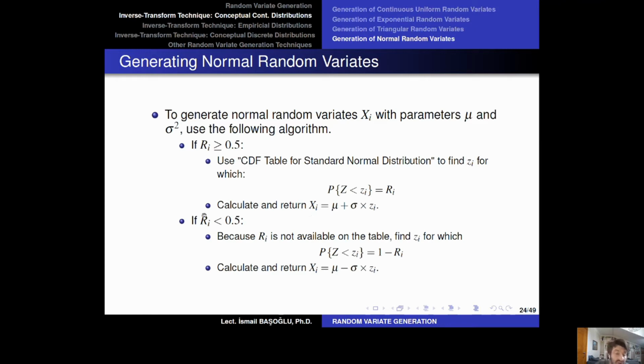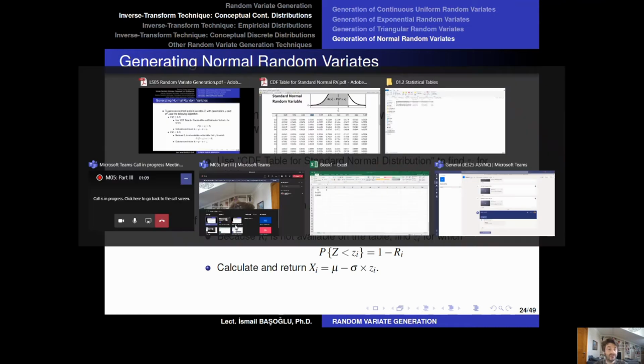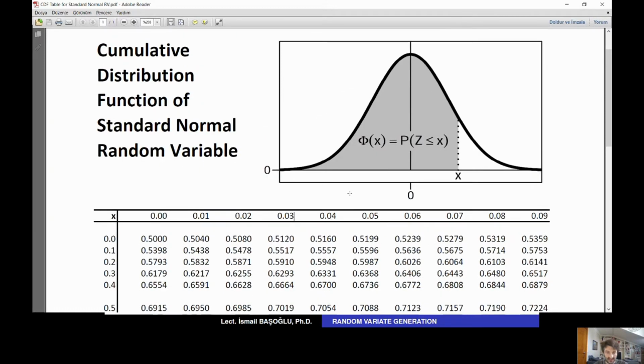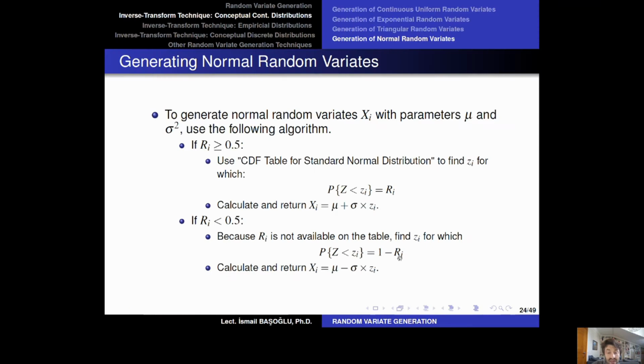However, if the random number is less than 0.5, it is impossible for us to identify any critical Z value for which the cumulative probability is less than 0.5, right? So we are just going to use the symmetry of this table. First we are going to calculate 1 minus Ri, and for the 1 minus Ri value, we will find the critical Z value.